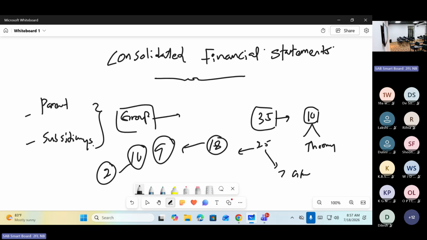Let's make the goodwill definition again.